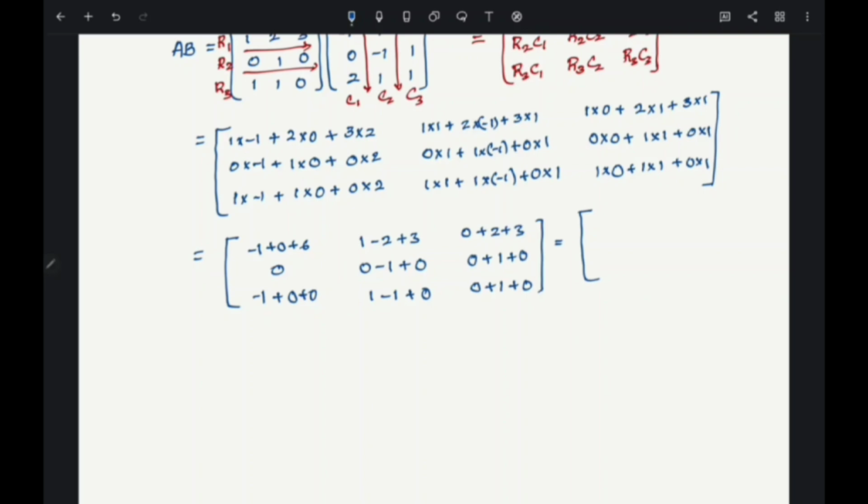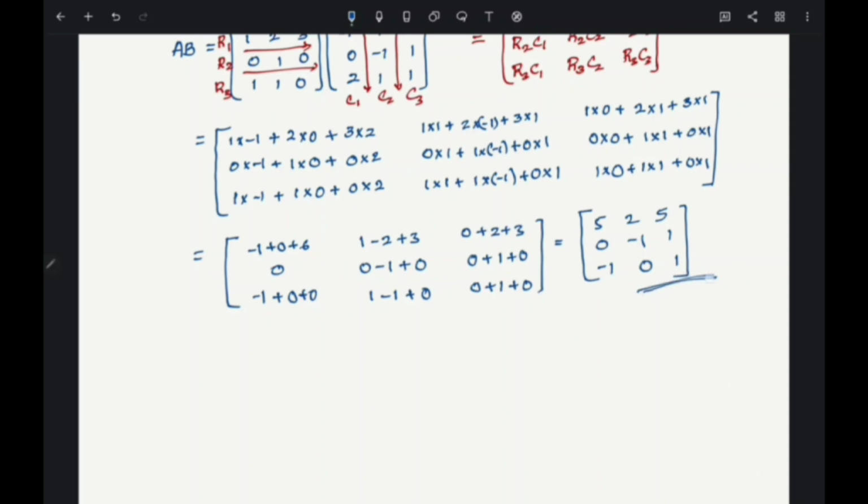Now add up all the elements. 6 minus 1 is 5, 3 minus 2 is 1, 1 plus 1 is 2. Next you will be having 2 plus 3 is 5. So 0, minus 1, 1, minus 1, 0, 1. So this is the matrix multiplication of 3 cross 3 matrices.